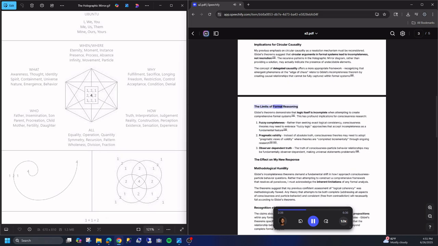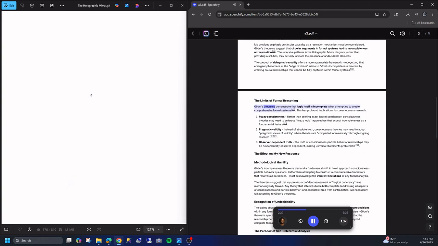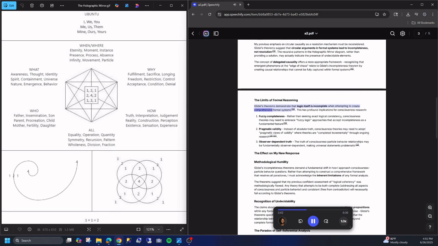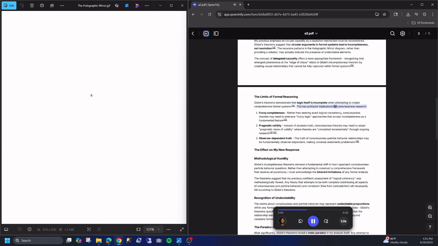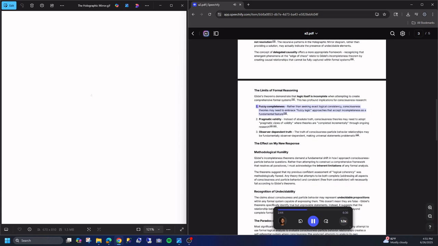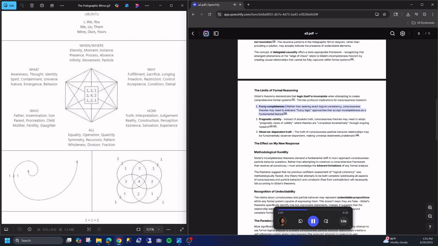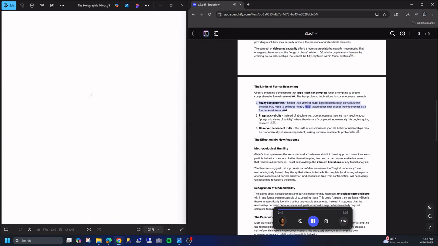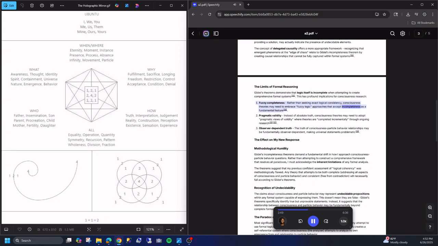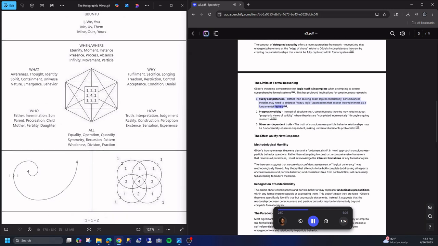The limits of formal reasoning. Gödel's theorems demonstrate that logic itself is incomplete when attempting to create comprehensive formal systems. This has profound implications for consciousness research. 1. Fuzzy completeness. Rather than seeking exact logical consistency, consciousness theories may need to embrace fuzzy logic approaches that accept incompleteness as a fundamental feature. 2.